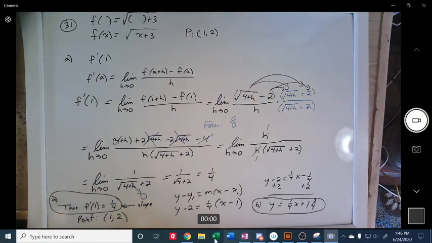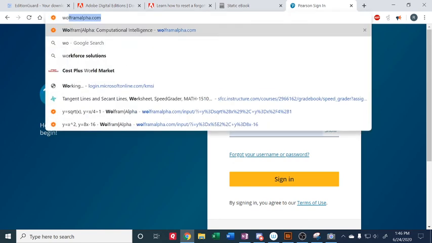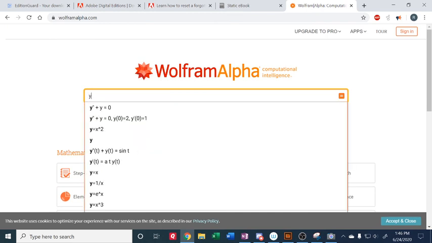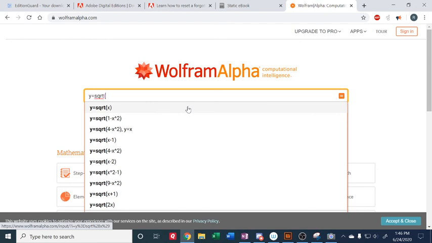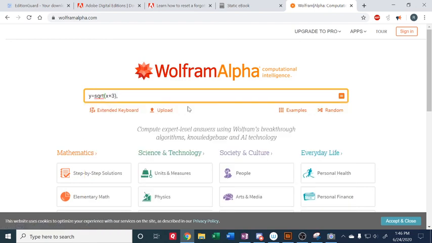So I will go to Wolfram Alpha. y equals square root x plus 3, and then y equals 0.25x plus 1.75, and we'll graph both of these.